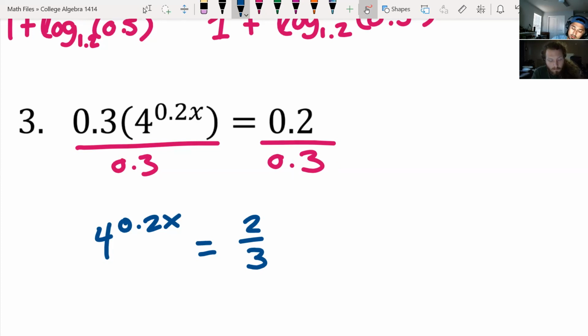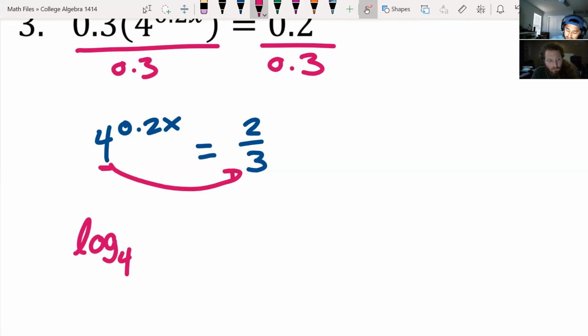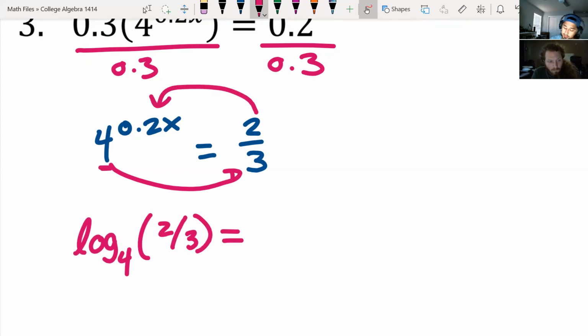Okay. So now we have the exponential function by itself. So let's convert from exponential to logarithm. And 4 is our base. So we are going to get log base 4 of the outside number of 2/3 equal to the exponent of 0.2x.